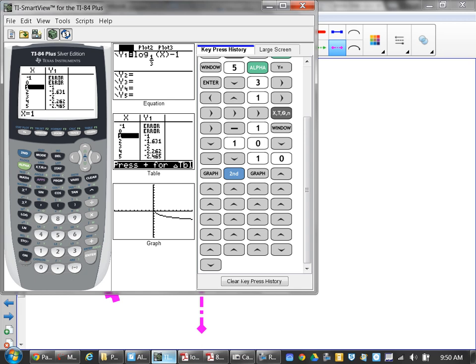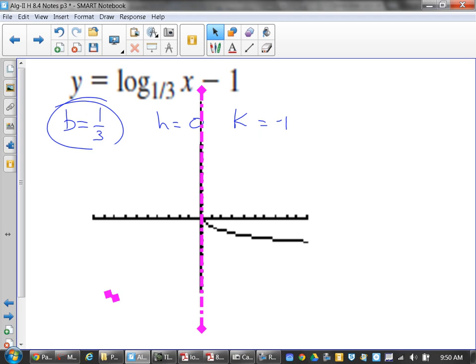If you're using 1 for your value, it's because of this. Whatever your base is, the log base of 1 is always going to be 0. Log base 1/3 of 1 is 0. What's 0 minus 1? -1. So when x is 1, y is -1.